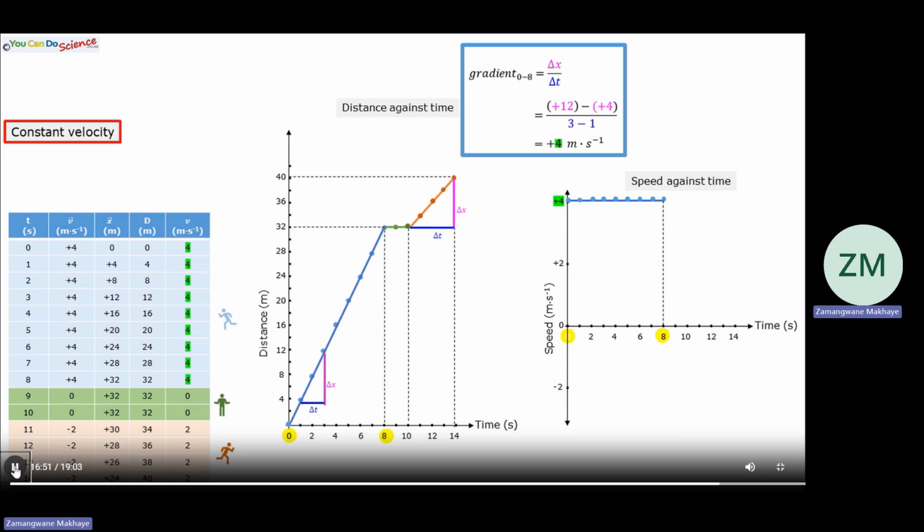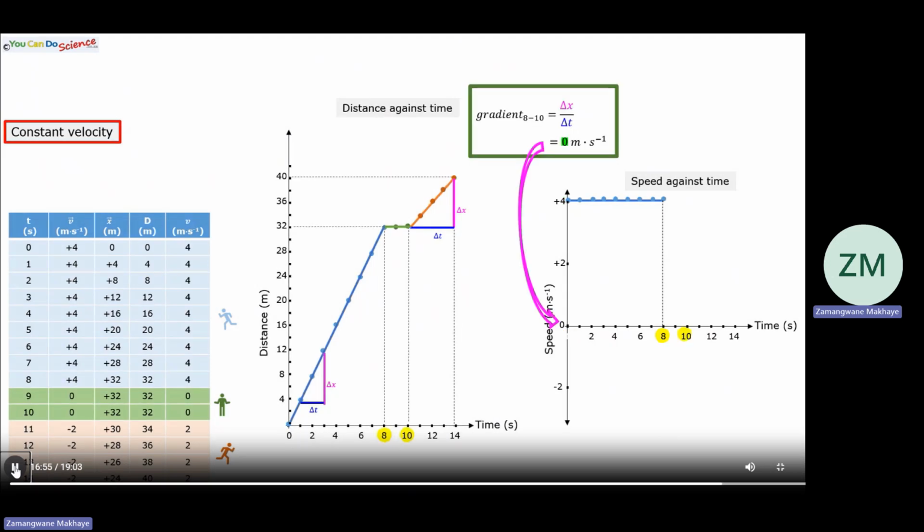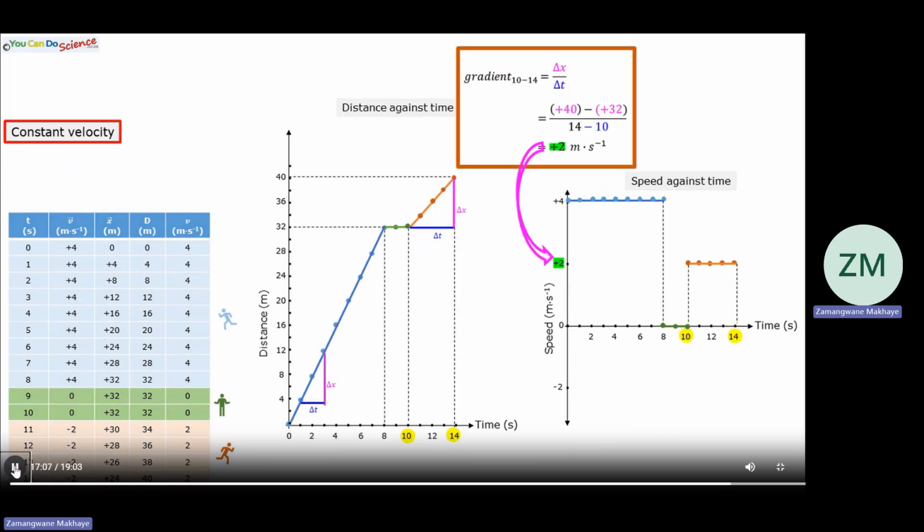It corresponds with the value on the table. For the next 2 seconds, the gradient is 0, and Carl's speed is 0. The gradient is constant from the 10th to the 14th second, and the constant speed is calculated like this. Again, it corresponds with the value on the table.